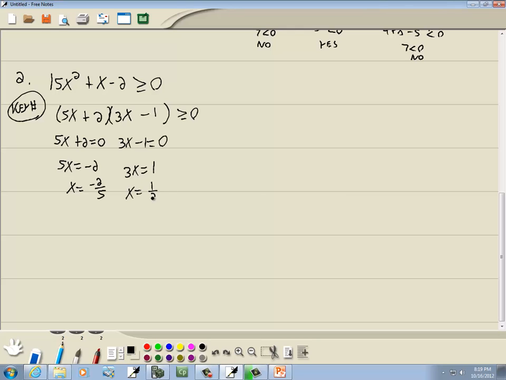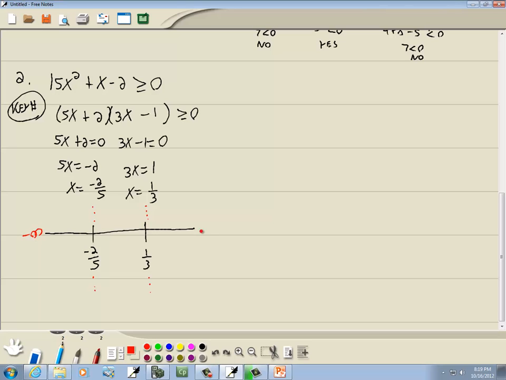Divide both sides by 3, and we get x is equal to 1/3. So if I put those critical values on our x-axis, that'd be negative 2/5. Here'd be 1/3. Now again, this is separating it into intervals.